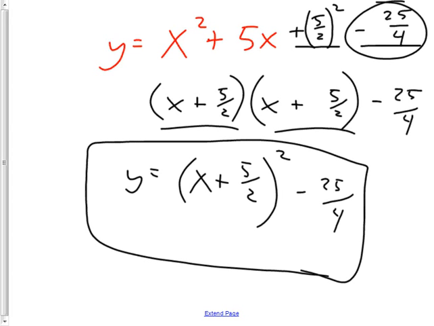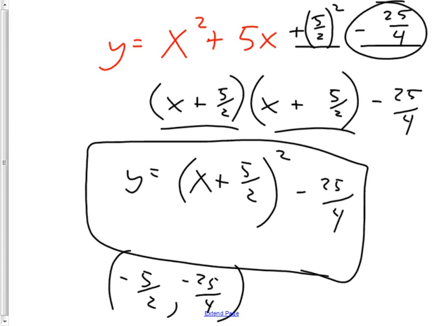Hardcore math. All right. Do you see that your answer is a couple of fractions? Your vertex would be negative 5 halves and negative 25 fourths. See how vicious and difficult that one is?